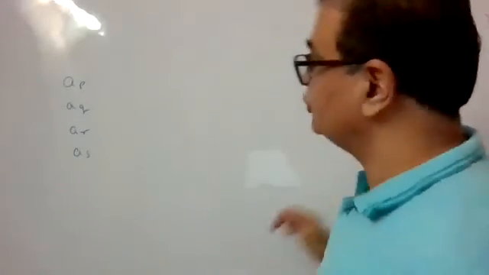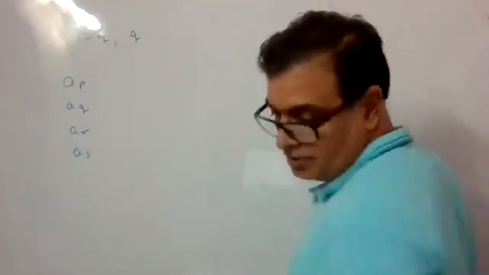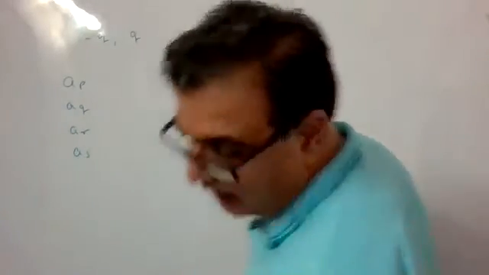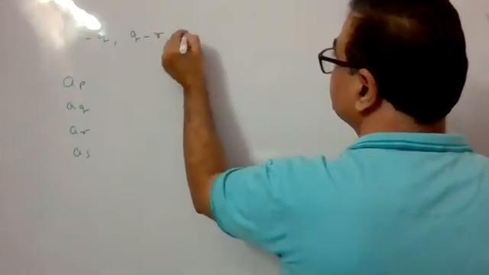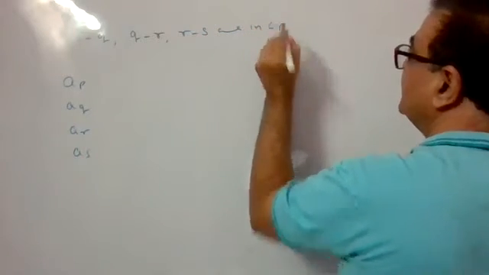Then my question is, show that P minus Q, Q minus R, and R minus S are in GP. That we have to do.